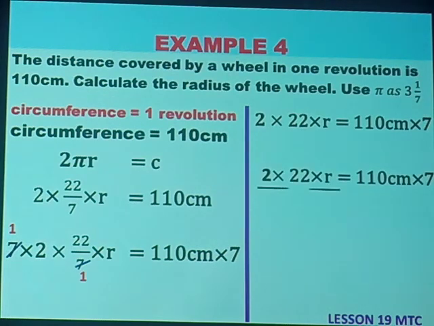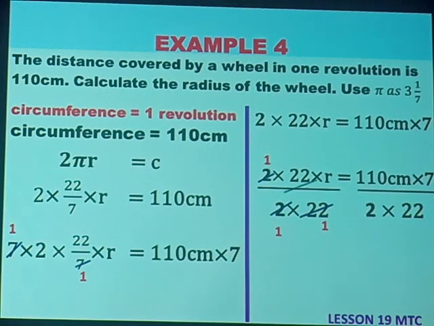In the next step, we divide on both sides by 2 times 22, whereby we have 2 times 22 times r out of 2 times 22, equal to 110 centimeters times 7 out of 2 times 22. So we cancel: 2 into 2, we come up with a 1. 22 into 22, we come up with a 1.